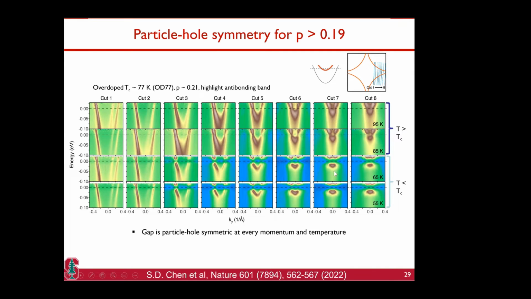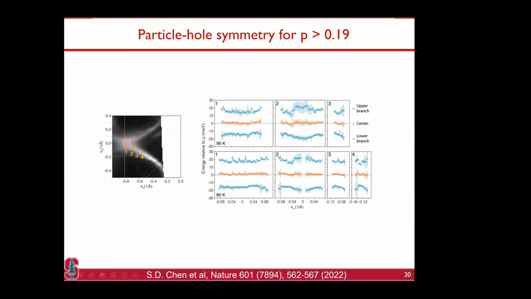Now you can plot the spectral intensity both above and below TC, but for our purpose, we want to show that the normal state also has particle-hole symmetry. And indeed, if you plot the energy positions of the upper and lower Bogoliubov quasi-particle branches, they look symmetric with respect to zero.